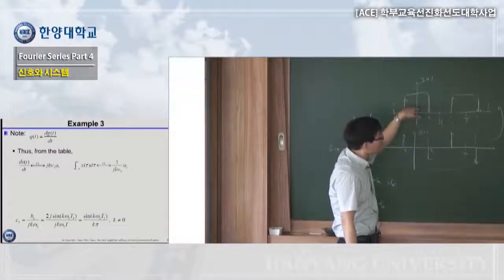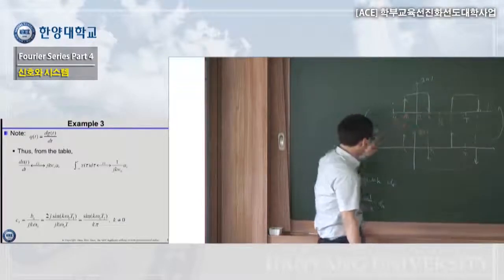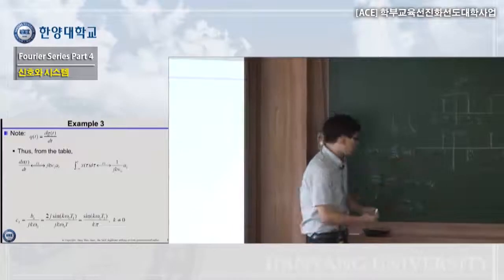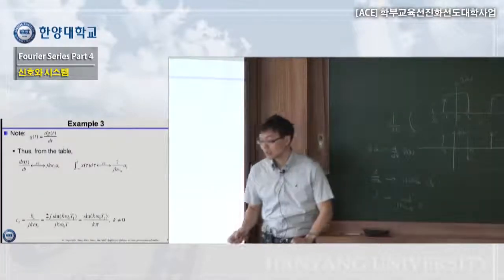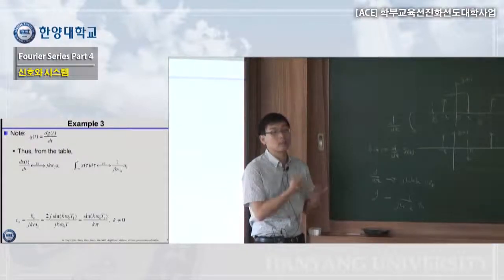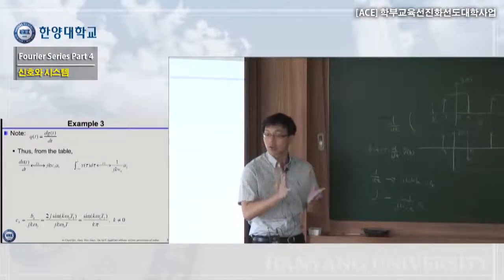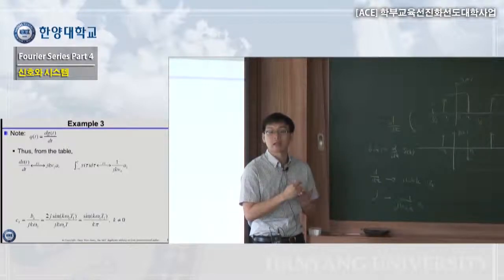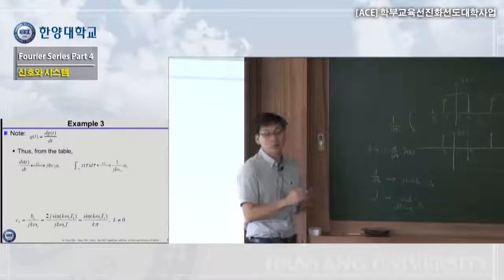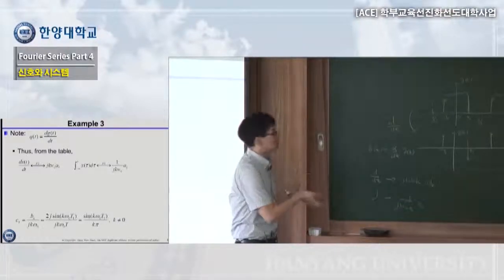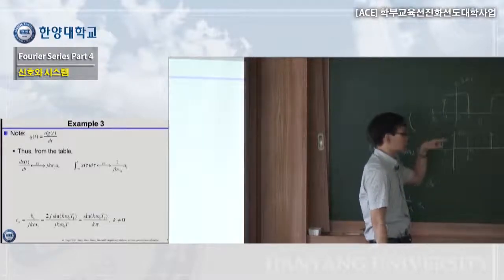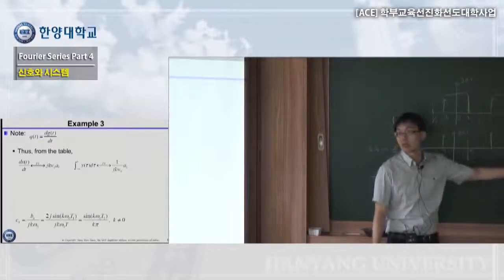If you know the coefficient of this, you just multiply by j omega 0 k to find this. Last time I explained that there is no absolute method to find the solutions. The table gives you an idea of how to simplify the way you solve the problems. Of course, you can solve them from the initial condition, say you do the integration for everything and calculate one by one.